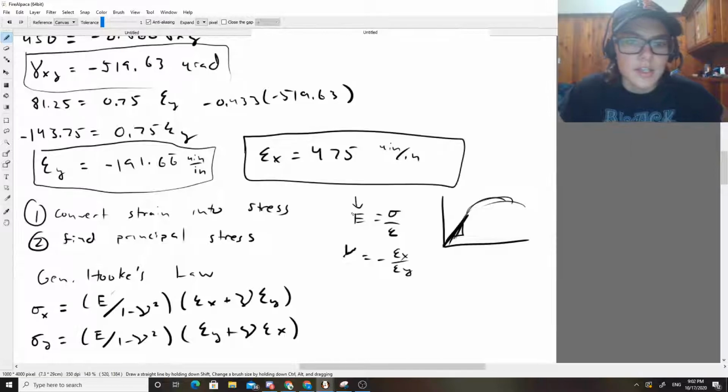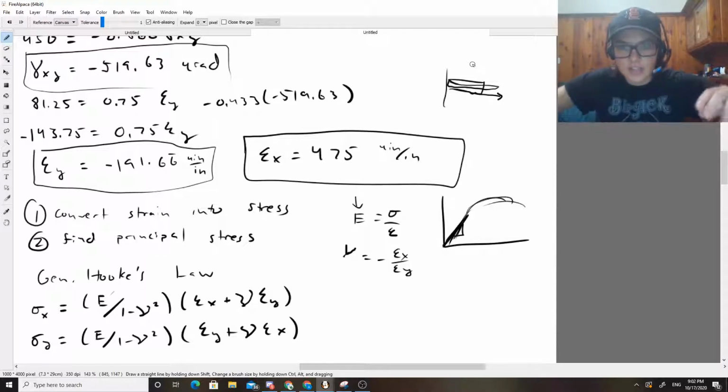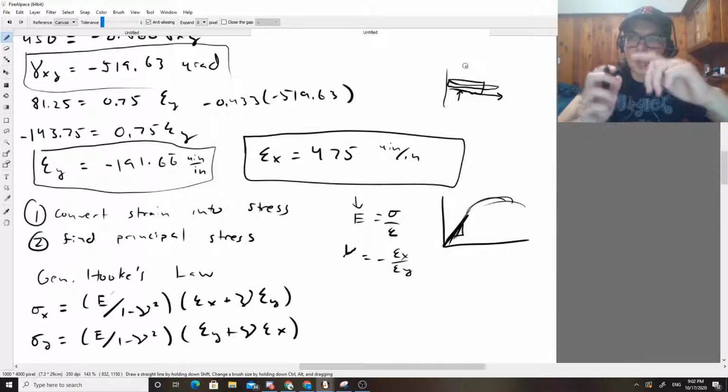Okay, so this has to do with necking, right? It's because if you have some material here and you stretch it out, it's going to get skinnier and longer. And that means that if the strain in one direction is in tension and it's getting longer, then the strain in the opposite perpendicular direction has the opposite sign.